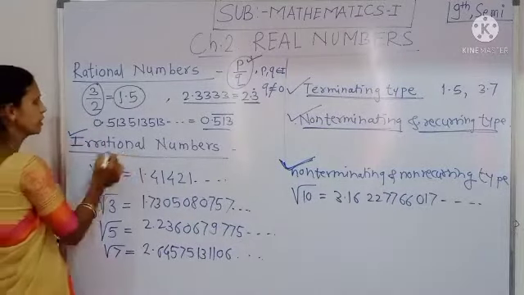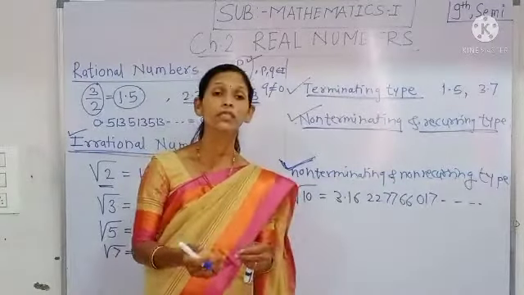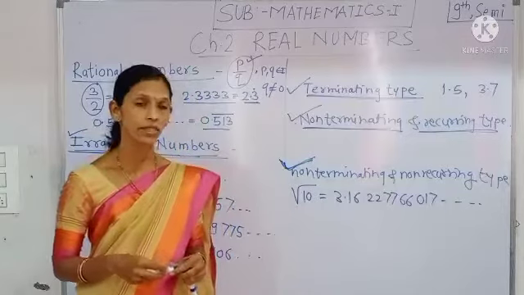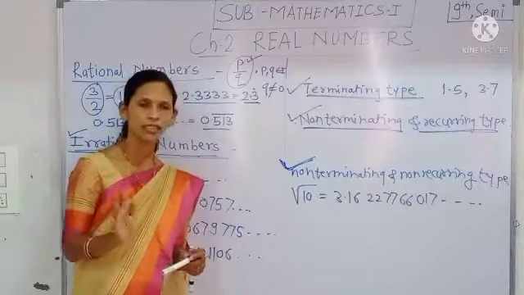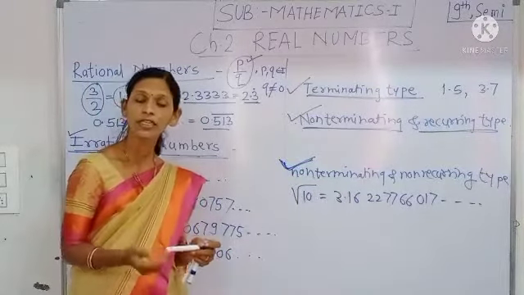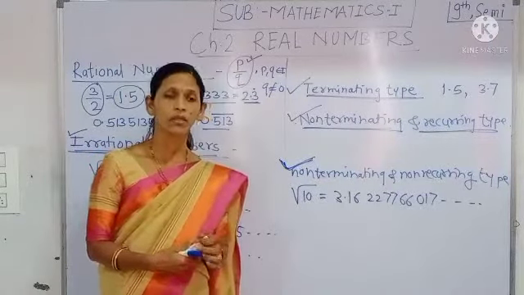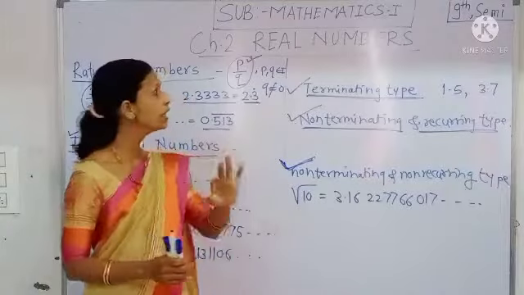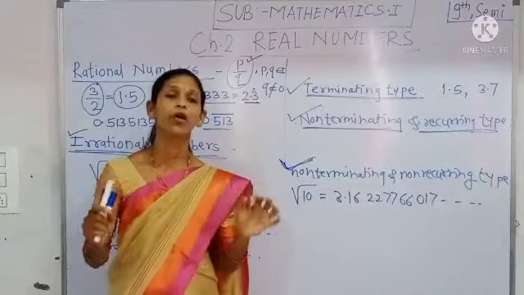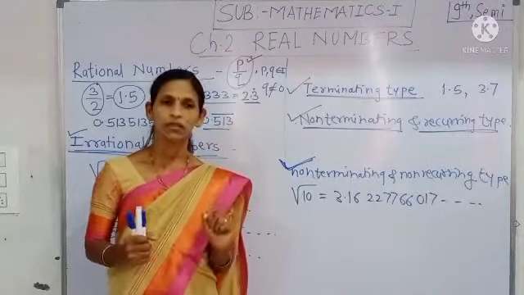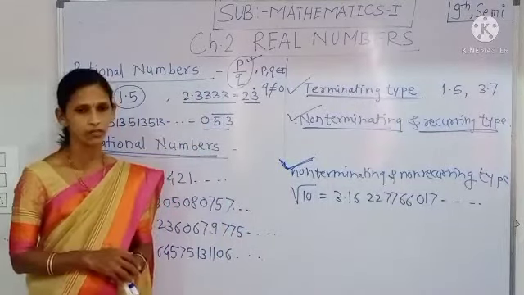Today we are going to discuss irrational numbers, their properties and the concepts related to them. All of you have studied that rational numbers and irrational numbers together are called real numbers. That means the real numbers are the set of all rational numbers and all irrational numbers.